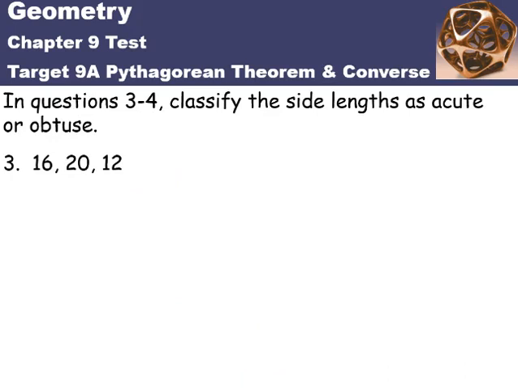Alright, so in 3 and 4 we have to classify the side lengths as an acute, an obtuse, or a right triangle. It should say right. So remember the rules: if the biggest side squared is largest, it's obtuse.